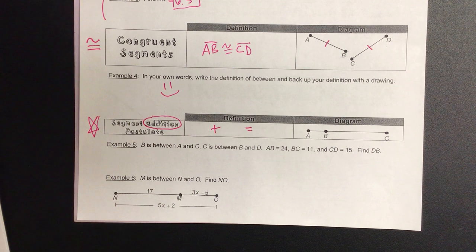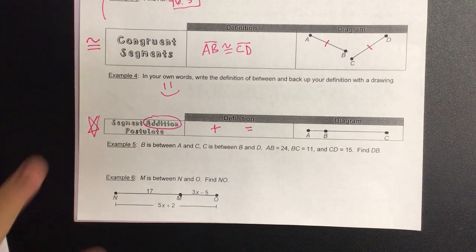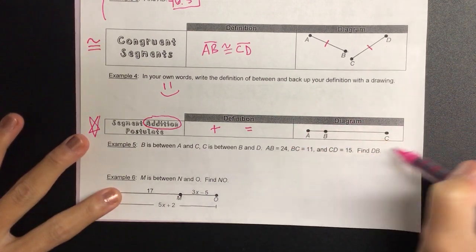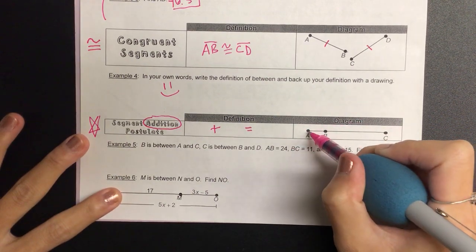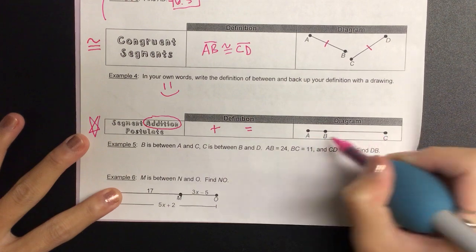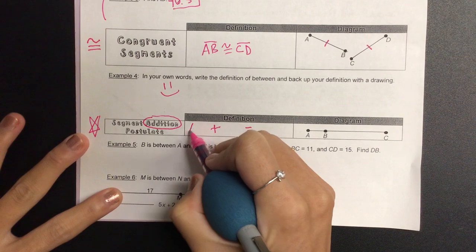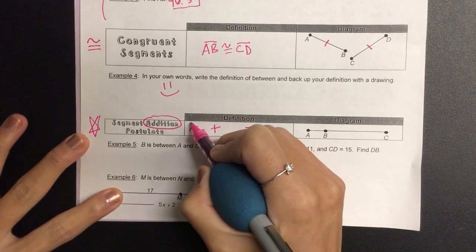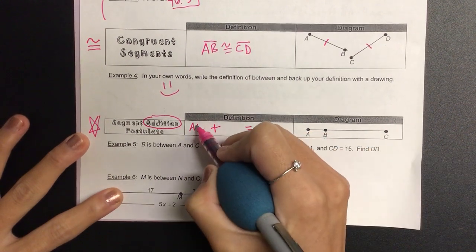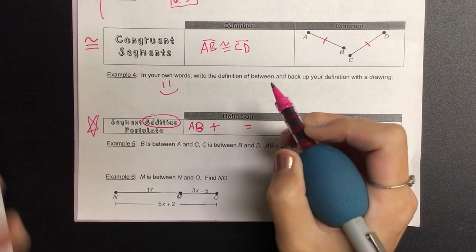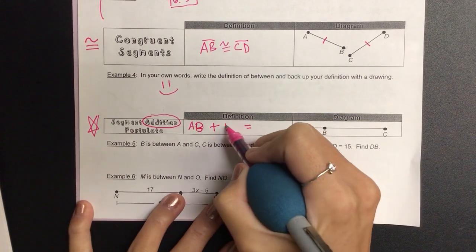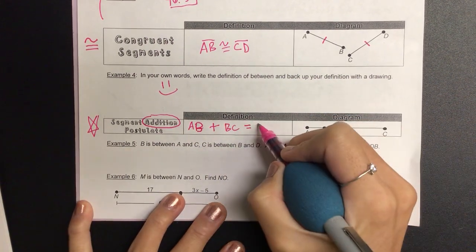All right, I heard some people say this: point A plus point B equals point AC. And I was like, it says segment addition. So how many segments do I see right here? I see the little one here, I see the bigger one here, and as a whole is 3, correct? So I'm going to go ahead and say the 2 smaller pieces, AB plus BC is equal to AC.